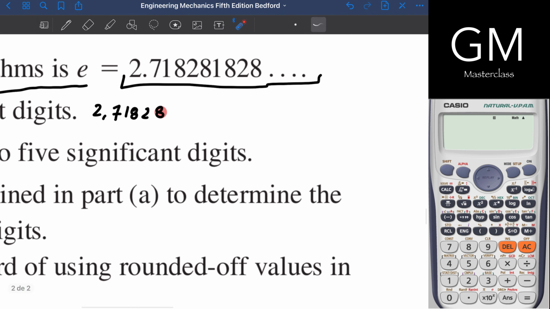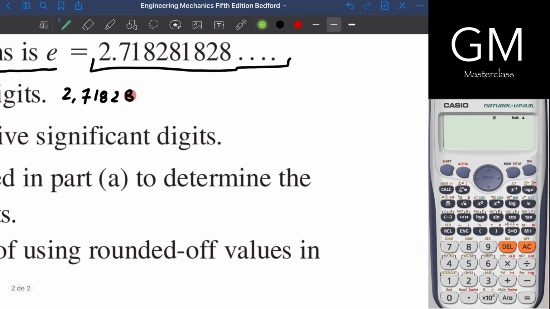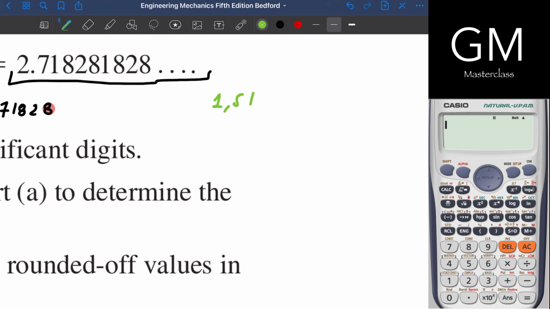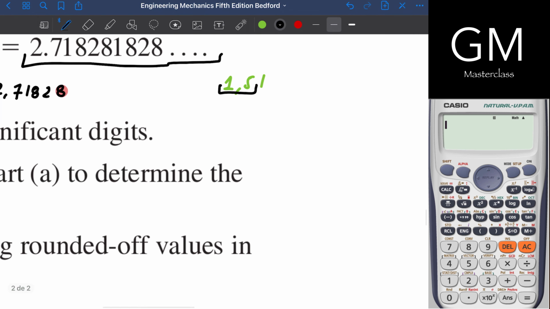Why is that? Because if I have a number, for example 1.51, and the exercise or the professor tells us to take into account just two significant digits, we have to take into account these two digits.